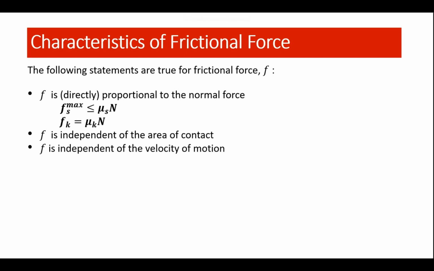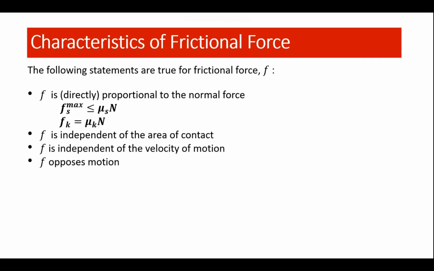The third characteristic is that friction force is independent of velocity of motion. So if an object is moving slow, frictional force will be the same as the same object moving faster on the same type of surface.